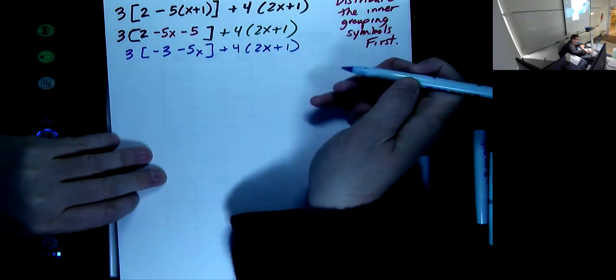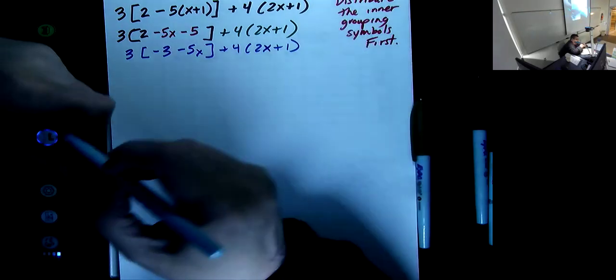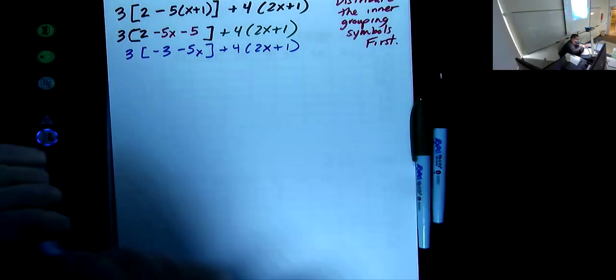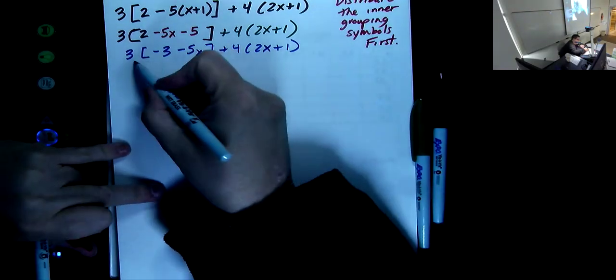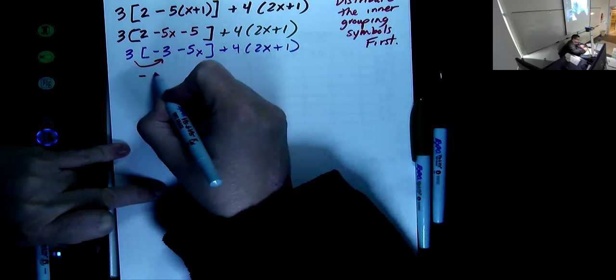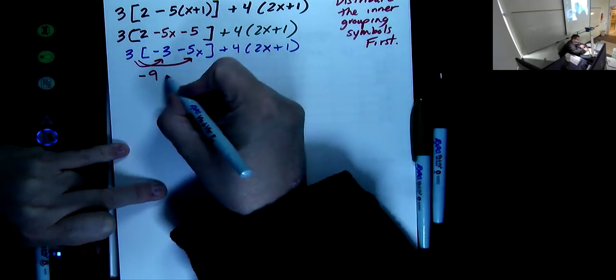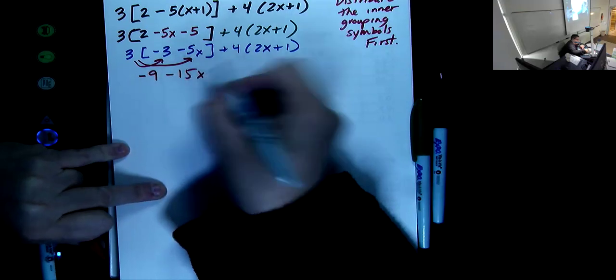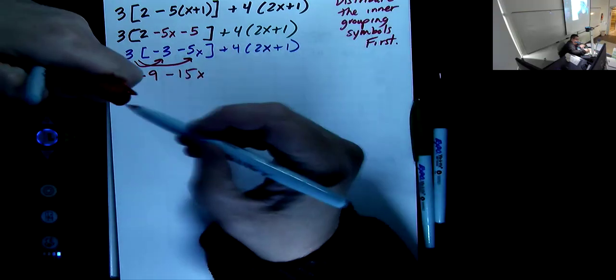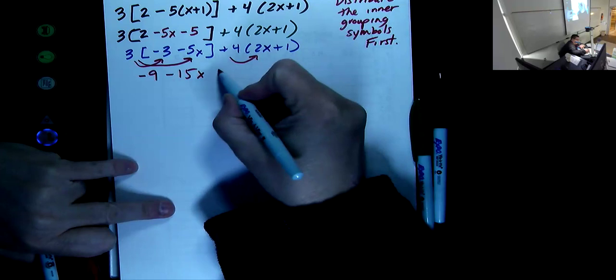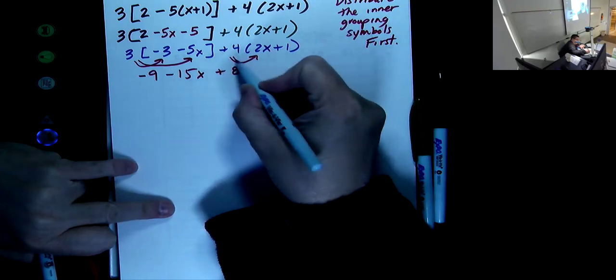You're going to have to add them eventually. Now we distribute again. 3 times -3 is -9. 3 times -5x is -15x. 4 times 2x is 8x. And 4 times 1 is 4.